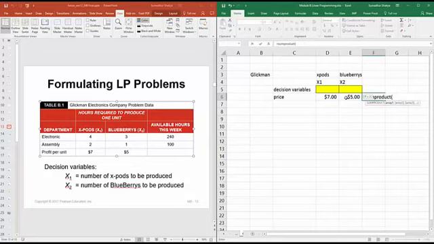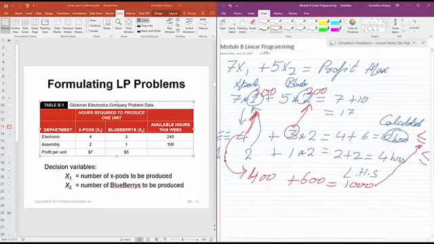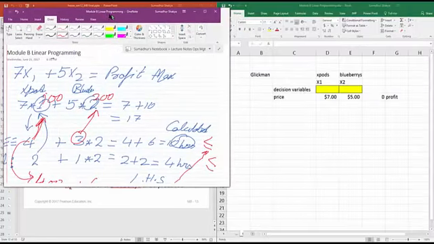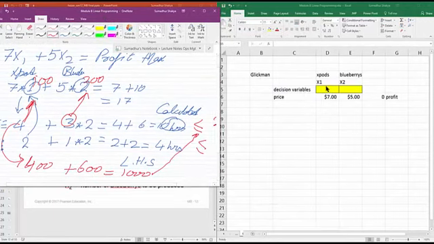I'm going to select the cells to the left and freeze them, comma, the cells that are my decision variables, and freeze them with F4, close the parenthesis.